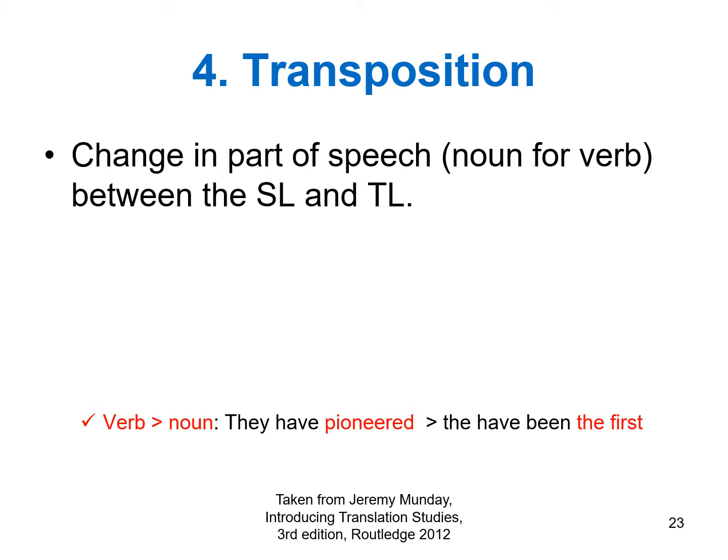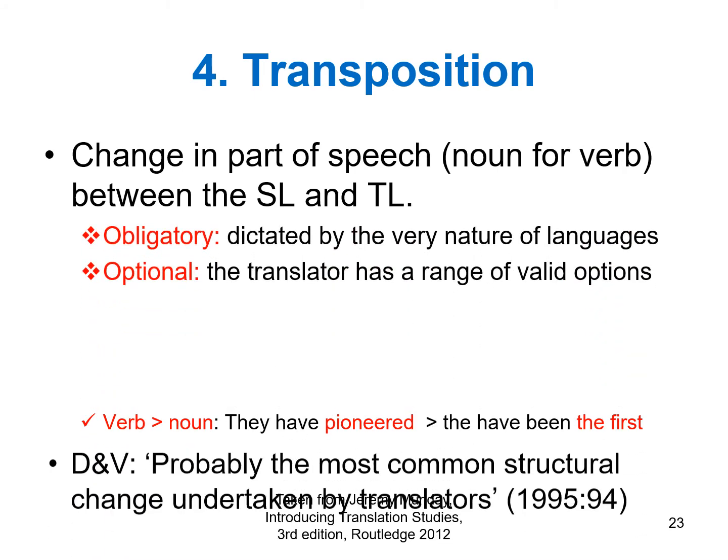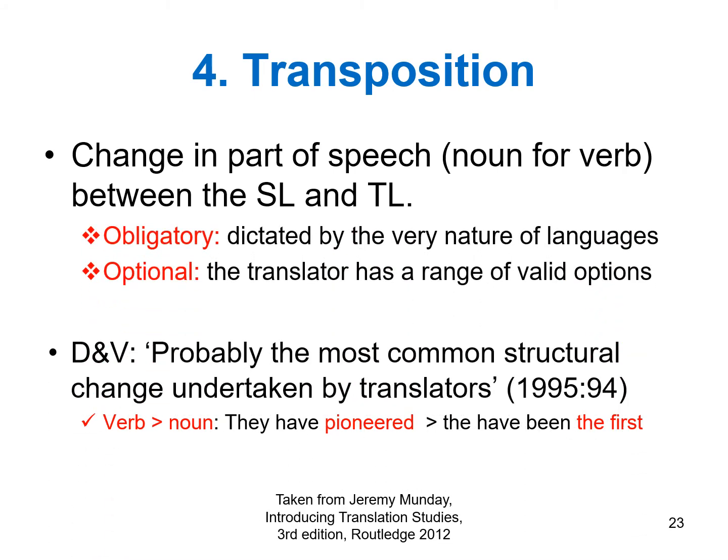So we are tampering with the grammar. In the source text, we had a noun. We translate in the target language, in the target text, we replace that noun for a verb. So as you can see, we are always doing this as we translate. Most of the time, unbeknownst to us, we are implementing transpositions. These transpositions can be obligatory or optional.